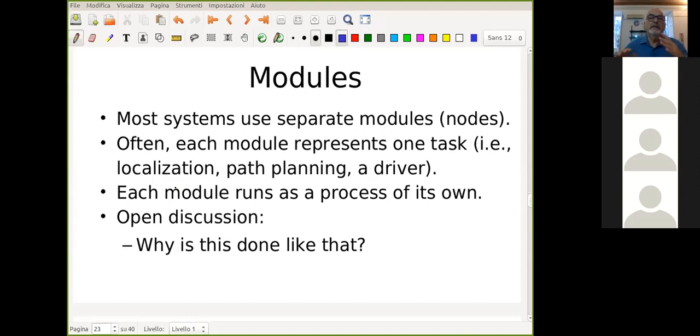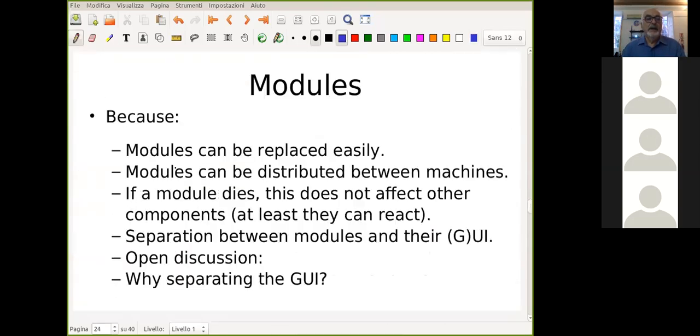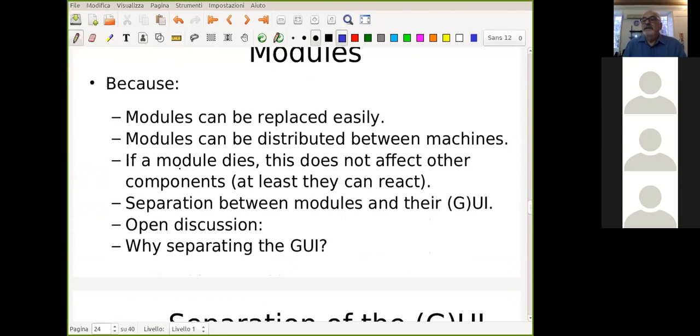Why do we do that instead of writing just one program for the whole robot? Think of the mobile robot with the separate activities like localization, planning, and so on. The answer is in some way trivial, like the idea of how I have to write a program with several sub-programs, functions or objects, different objects, instead of having just one piece of code with everything inside.